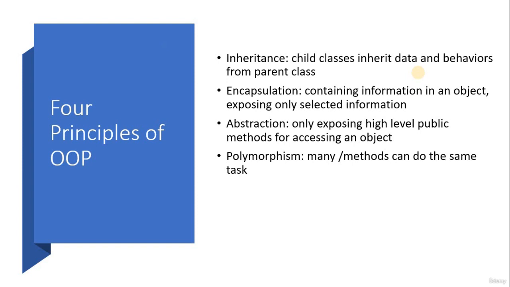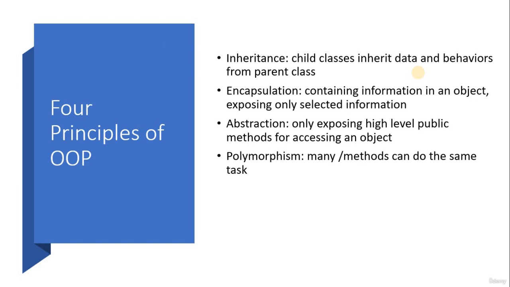The other one, which we have also seen, is polymorphism. Polymorphism is, as the name implies, making it many forms. So a class or a method can be many. We can define it differently so that we can use it differently. For a method, for example, we can have different arguments, but the same method name.